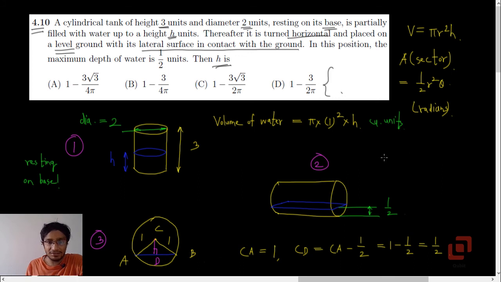Okay, yes. Now in the second condition, the cylinder is resting with its lateral surface in contact with the ground. Yes, so you may get an oscillatory motion if you make a perturbation here. Okay, yes, and here they are saying that the maximum depth of the water is 1/2, so it must be through the center.